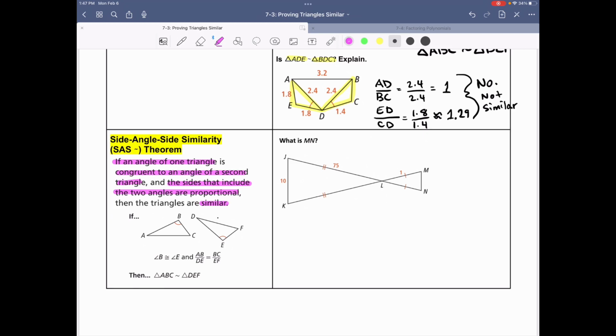So we have this example where angle B is congruent to angle E. Then we have side AB corresponding to side DE, and BC corresponds to EF.